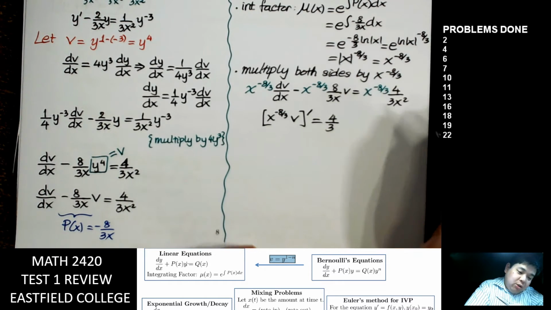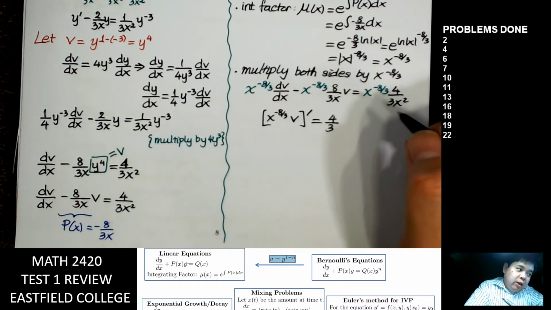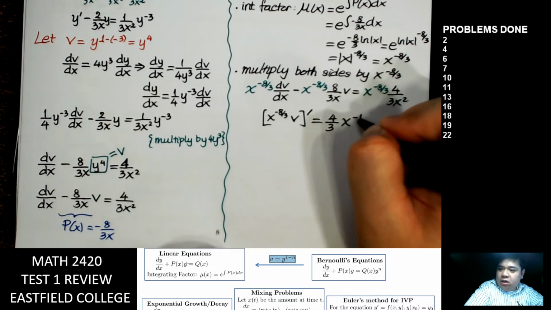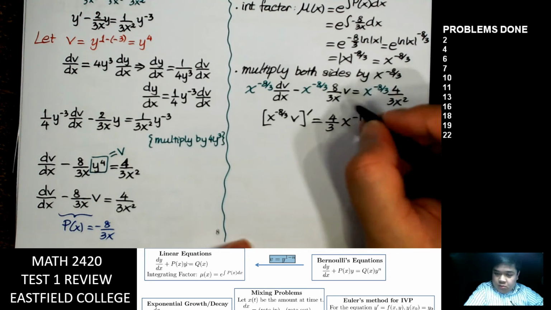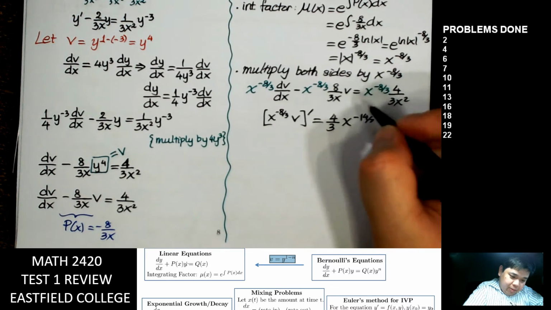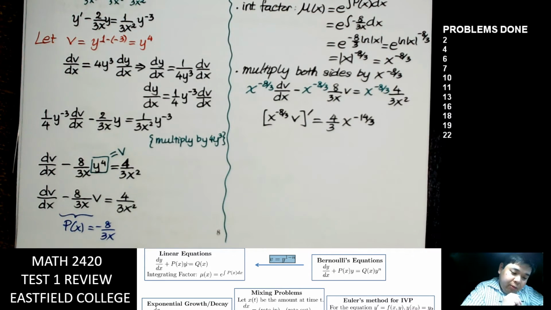Or move x to the top to the negative 2, so x to the negative 14 over 3. Looks a little strange. Right, now let's integrate.